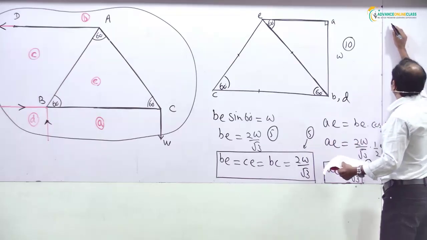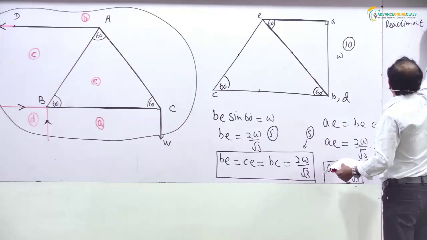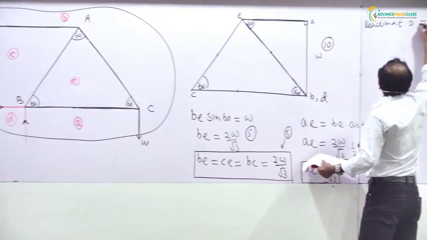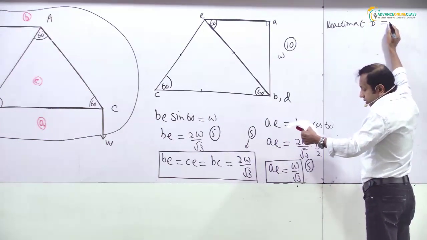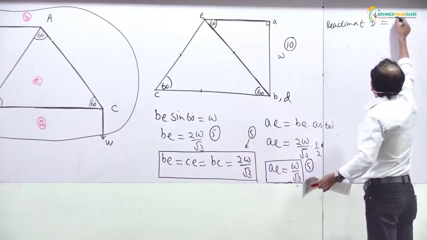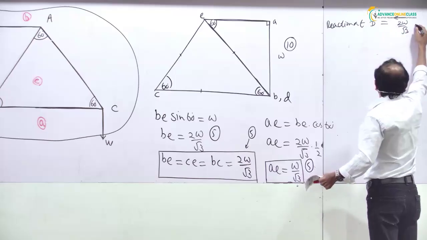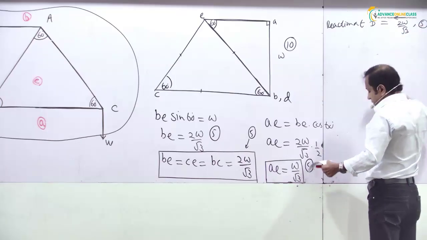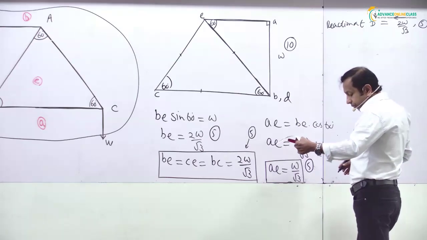Reaction at D horizontally. Reaction at D is leftward, 2W by root 3, for this 5 marks. Okay.